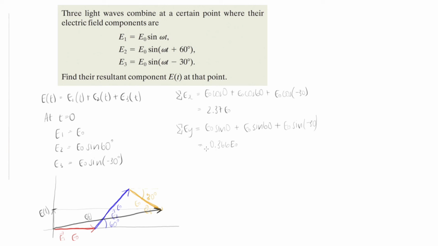Now, this is our horizontal and vertical components. Therefore, to work out what the magnitude is of that, we would just evaluate it like we would a triangle. So it's going to be 2.37 E naught squared plus 0.366 squared, E naught squared, and then the square root of that. And then when we do that, we get about 2.4 E naught.